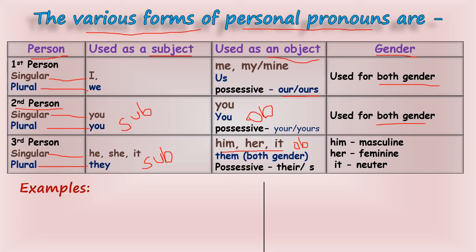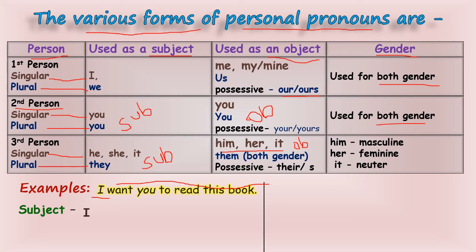Now let's take examples to make subject and object clear. First, I want you to read this book. What is the subject here? The subject is I. Yes, and what is the predicate? Want you to read this book. This is the predicate.